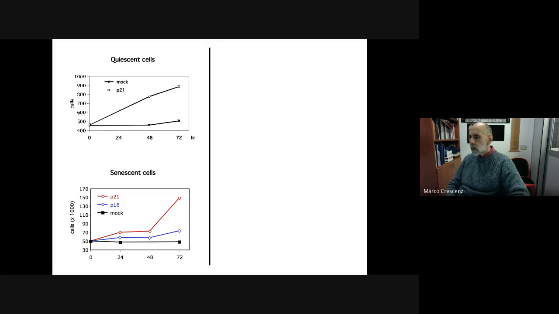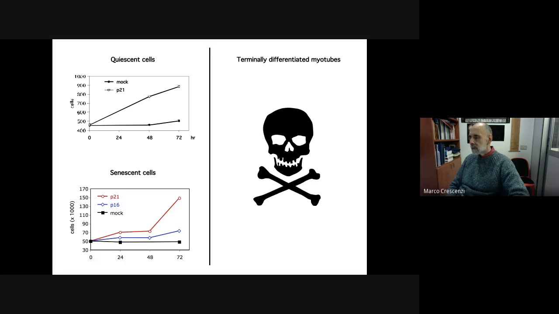But when we reactivate the myotubes in the very same way, as I've shown you, they basically die off. So this means that there is nothing wrong with the means we use to reactivate the cells. The problem is in the myotubes. It's intrinsic to the myotubes.